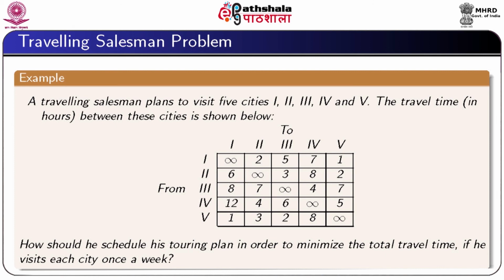A traveling salesman plans to visit 5 cities, city 1, 2, 3, 4 and 5. The travel time between these cities is shown in the following table.